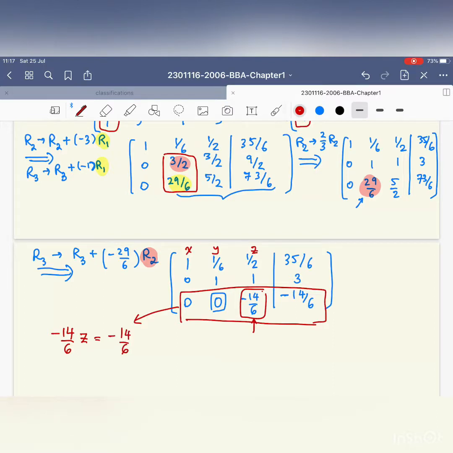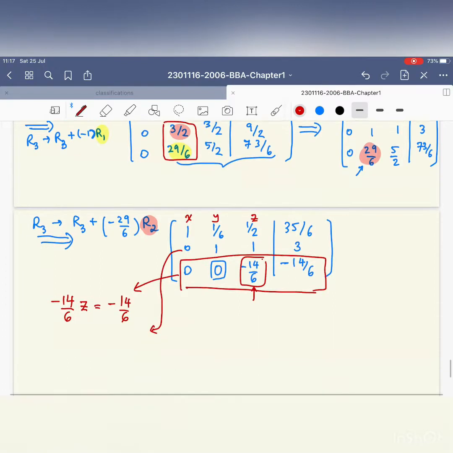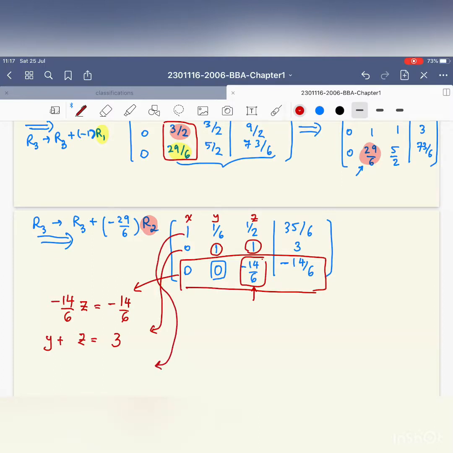How about your second row? Your second row corresponds to y plus z equals 3, because here is the variable for y, there is the variable for z. And of course, your first row corresponds to x plus 1/6 y plus 1 over 2 z must equal 35 over 6.